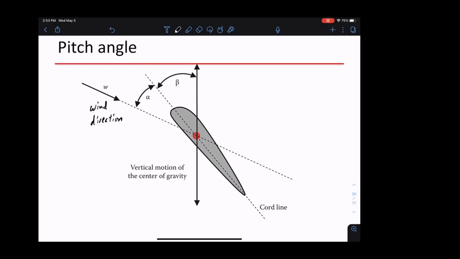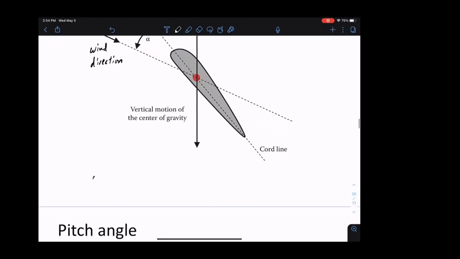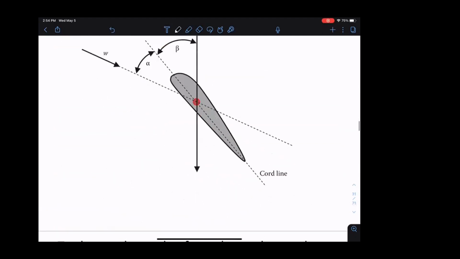We want to talk about the pitch angle rather than the angle of attack because we don't know the wind direction, so we can't talk about alpha that easily. But what we do know is the pitch direction.